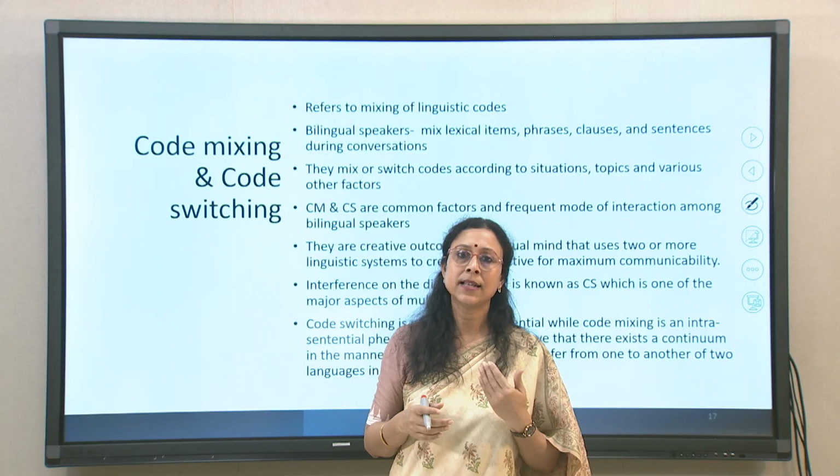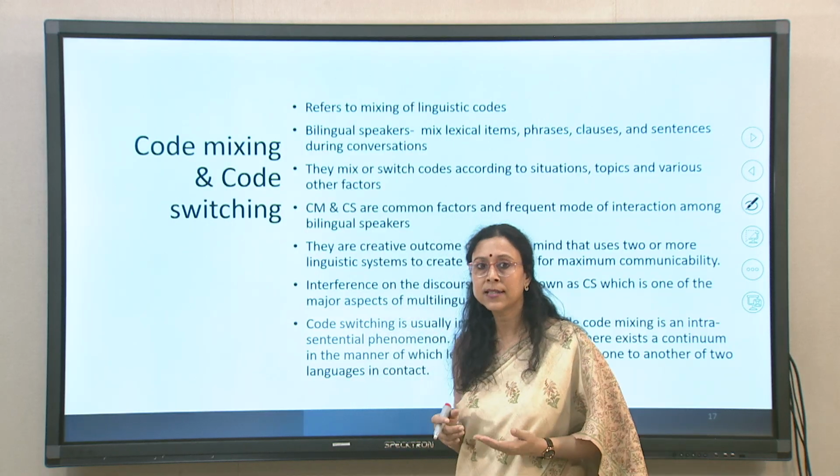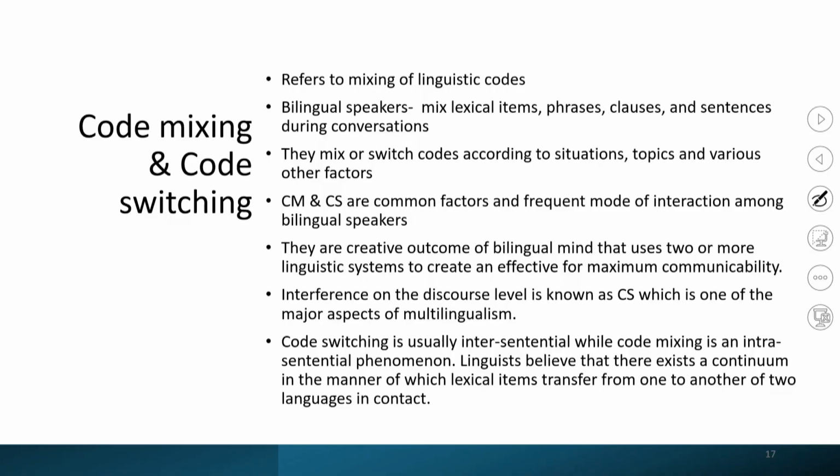So, we mix lexical items, phrases, clauses and even sentences. At every level this mix is possible, depending on the domain. So, CM stands for code mixing and code switching. These are common features, and sometimes they are creative outcomes of the bilingual interaction system, but often these are almost involuntary.